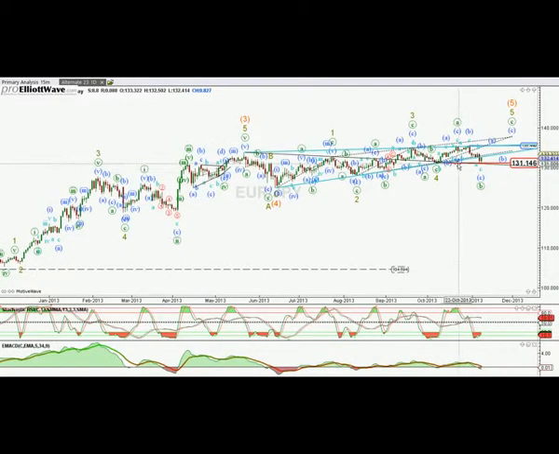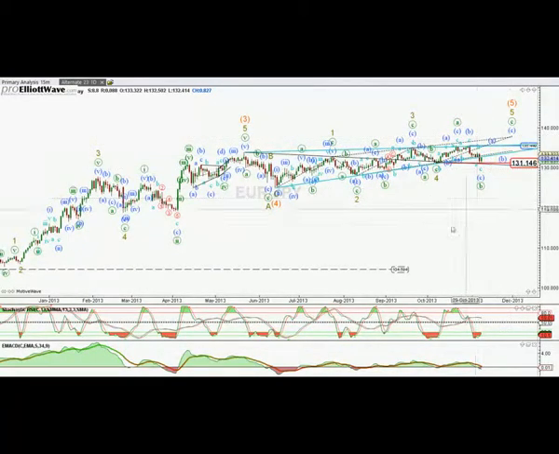Okay, let's get started right away with our Euro Yen. As you remember from our previous analysis and videos, we are in an ending diagonal pattern that started close to June of this year. We've completed the 1 to the 2 to the 3 to the 4, and we are working on the 5.